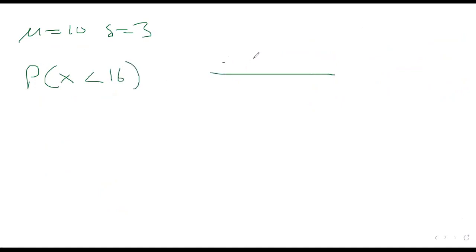Suppose we're asked to say the mean is 10, the standard deviation is the same 3, and you're asked to find the probability that X is less than 16. Less means what? Shade to the left. So illustrate. The 10 is here, 16 is there, then shade. We're going to shade this side. Already, the shading is big.